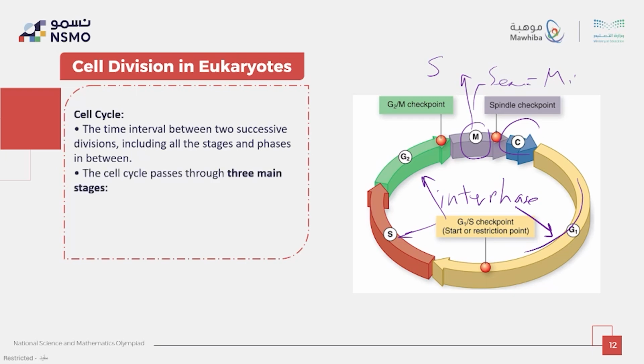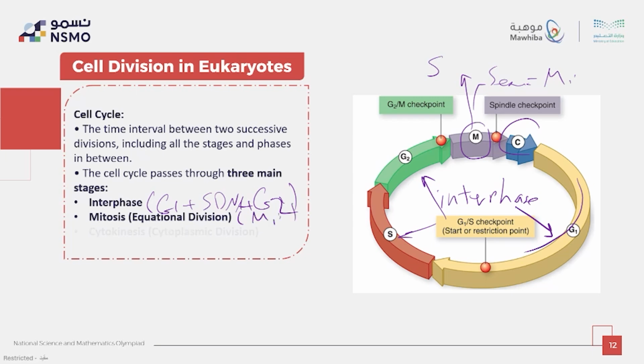So the cell cycle is the time interval between two successive divisions, including all the stages and phases in between. The cell passes through three main stages: interphase, which is G1 plus S (DNA synthesis) plus G2. The second one, mitosis, if this is a somatic cell, but if it is a sexual cell, it will be meiosis.